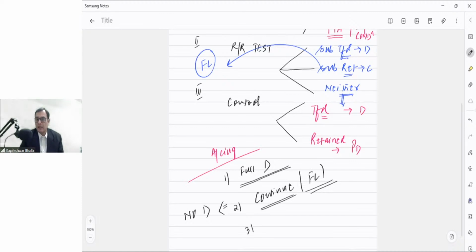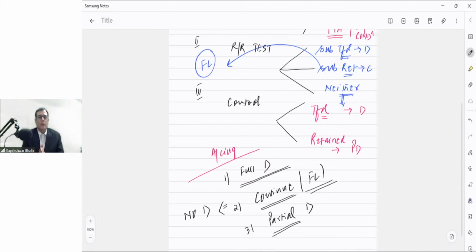And the third accounting which stems out of this is the case of a partial derecognition, which is again only one permutation combination, and that is the cash flows have been transferred, the risk and reward has neither been substantially transferred nor retained, and the control is also retained. So in that particular case, a partial derecognition would apply.